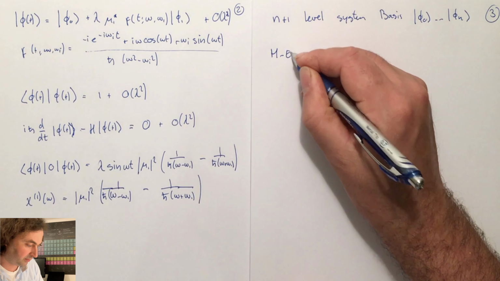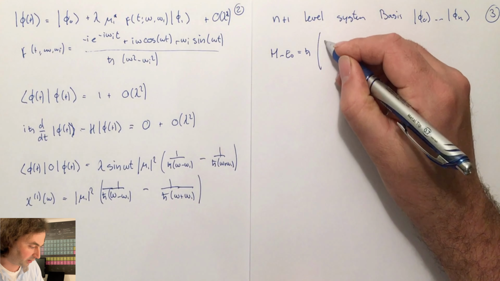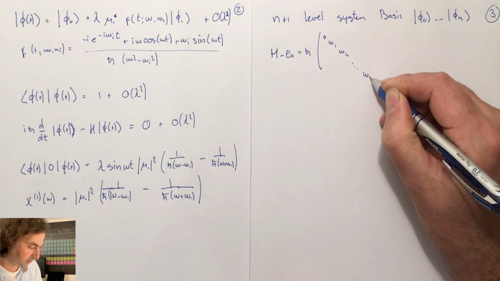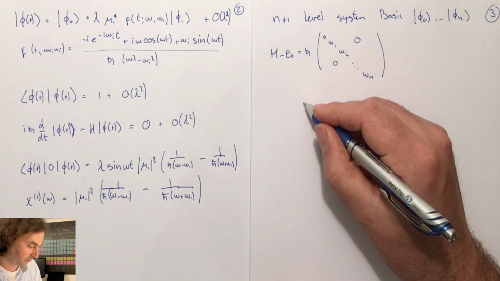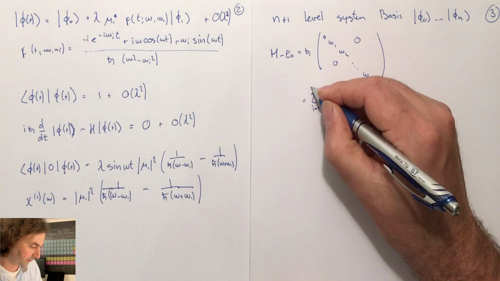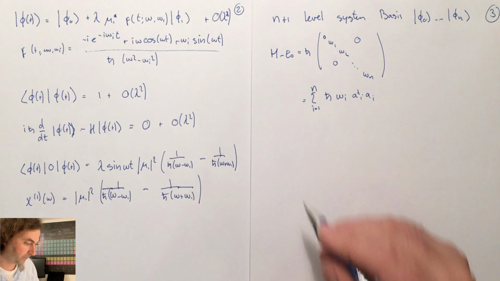The Hamiltonian minus E0 in units of h bar is 0, omega 1, omega 2 up to omega n, and 0 everywhere else. Or in second quantization, sum I is 1 to n for n+1 states. I don't start with 0 because we subtracted the ground state energy, h bar omega I, a dagger I, a I.